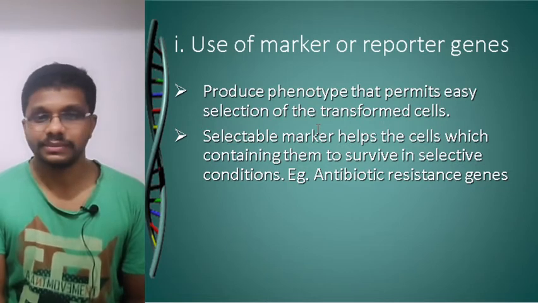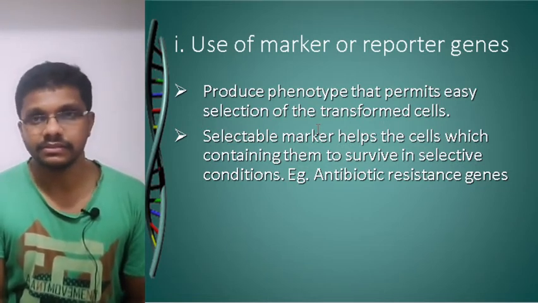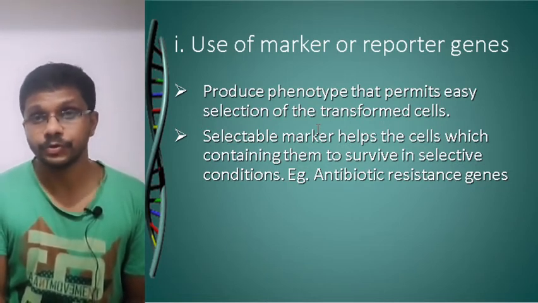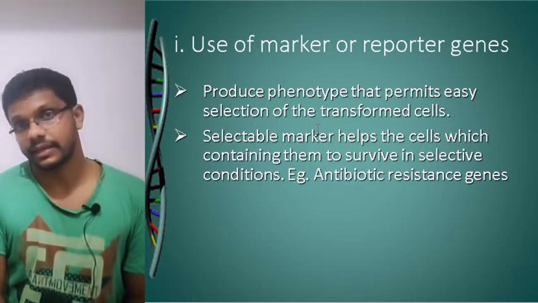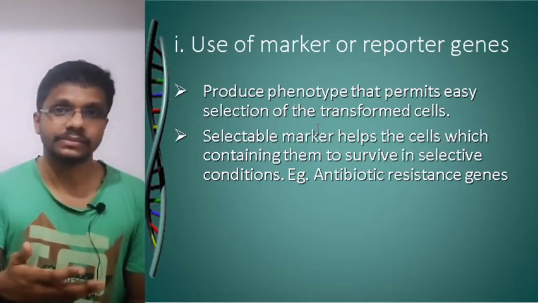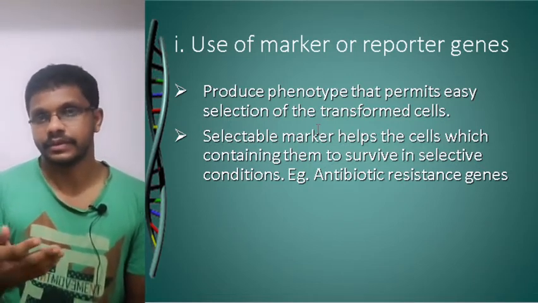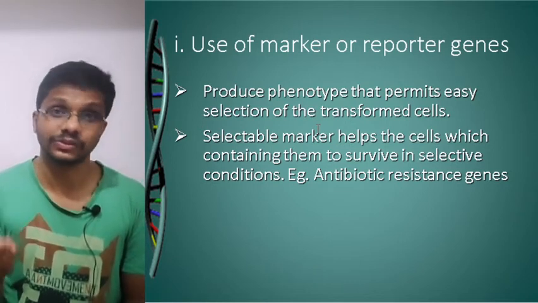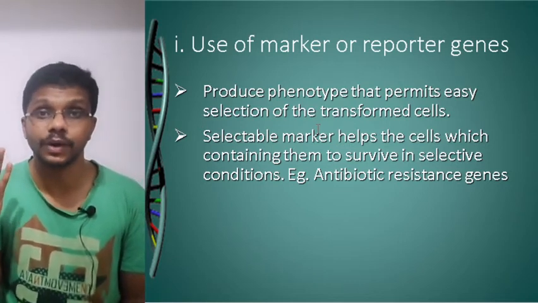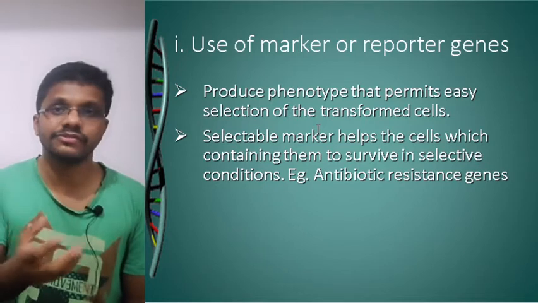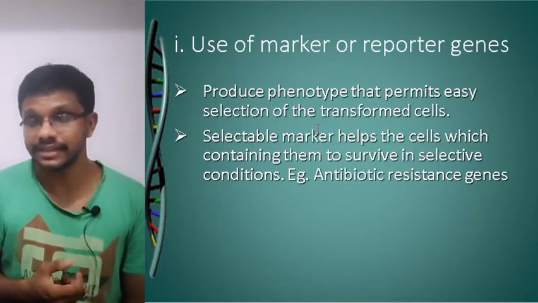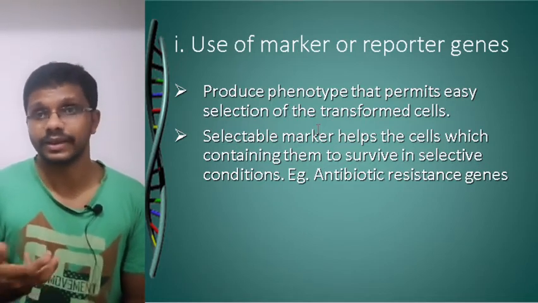The best example is the antibiotic resistance gene within pUC18 or pBR322. The cells which have taken up the plasmid will have that particular trait. The Escherichia coli we use for the transformation experiment will be sensitive to ampicillin, but once it takes up the pUC18 plasmid, it will become resistant to ampicillin.